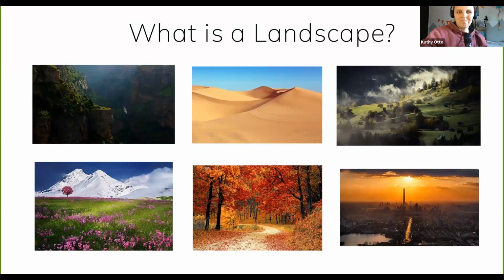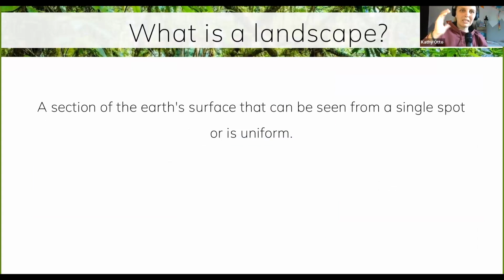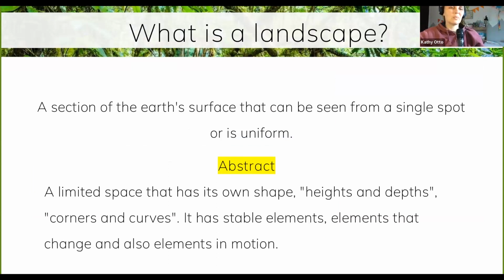A desert, if you look at it, is a section of the Earth's surface that can be seen from a single spot, or it is uniform. A forest, even if I can't see it all, is one landscape. So when we talk about other landscapes in an abstract way, it is a limited space. It can be in time, in people, but it does have a limit, which has its own shape, and it has heights and depths.